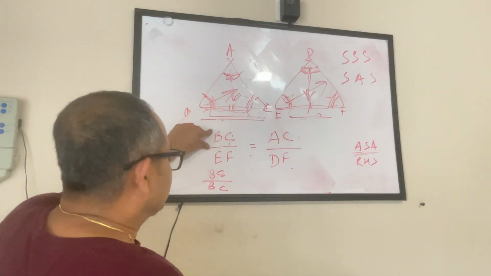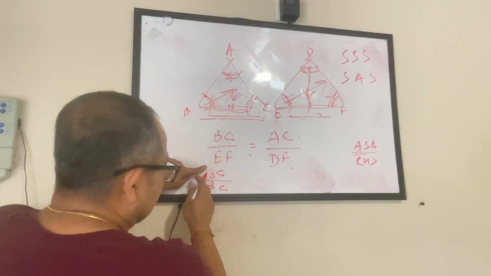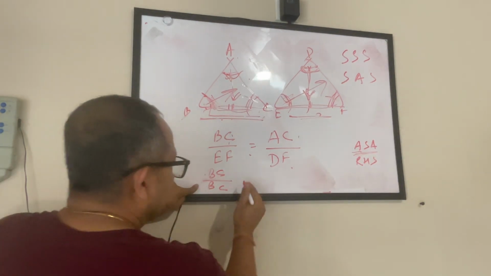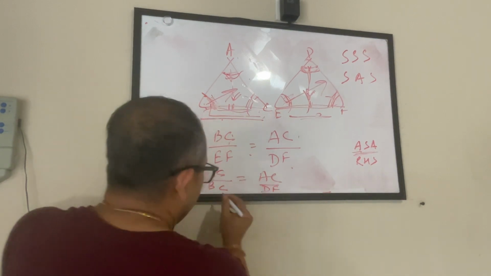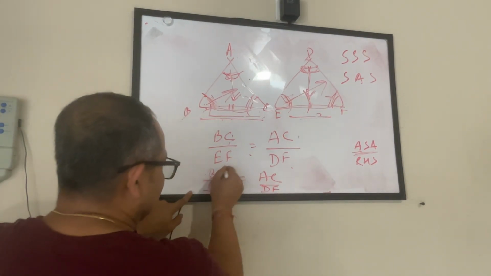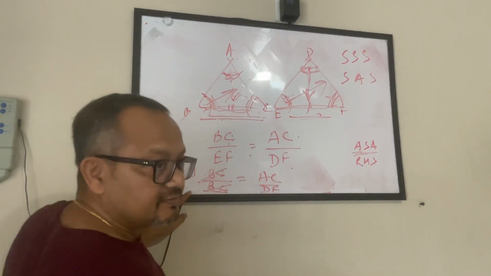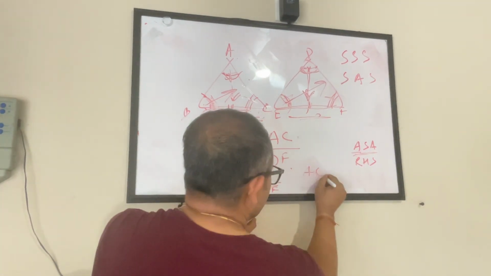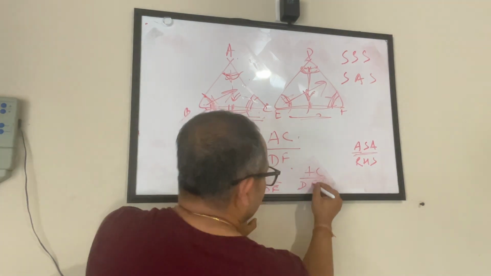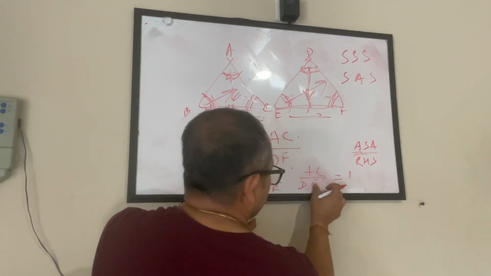If this is 10 centimeters, this is 10 centimeters. So I can say 10 and 10 here, right? So this equals AC by DF. And BC by BC becomes 1. So I will say AC by DF equal to 1.